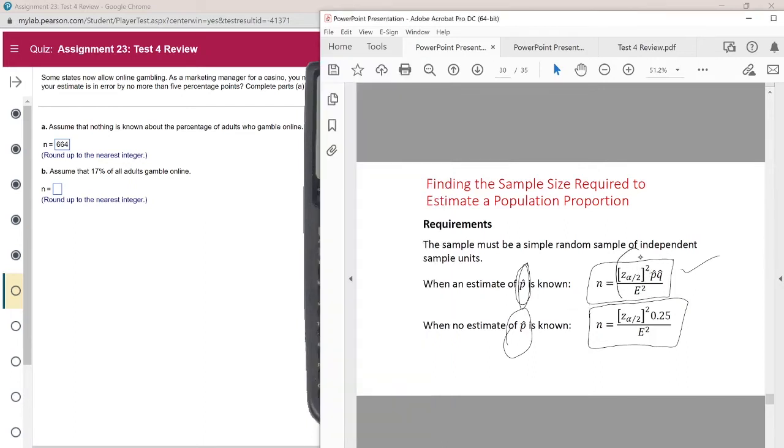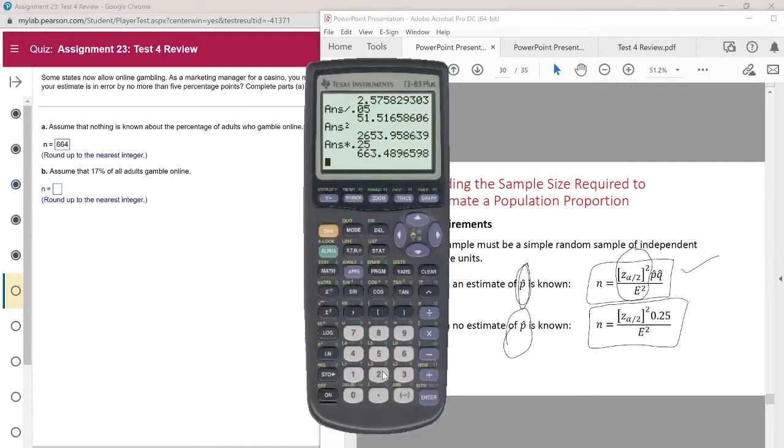I'm talking about this part, which I'm going to copy: 2653.958639 times p hat, which is 0.17 because it's 17%, times q hat, which is 1 minus 17%, which is 83%.